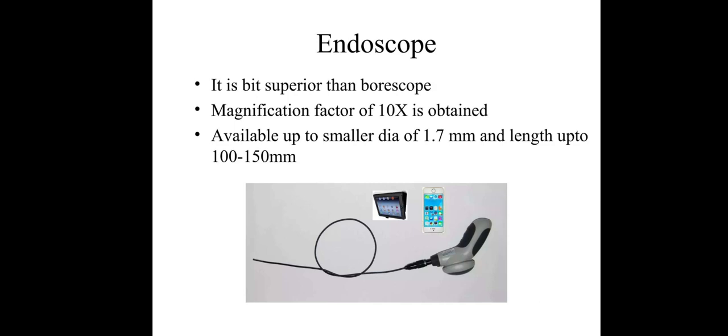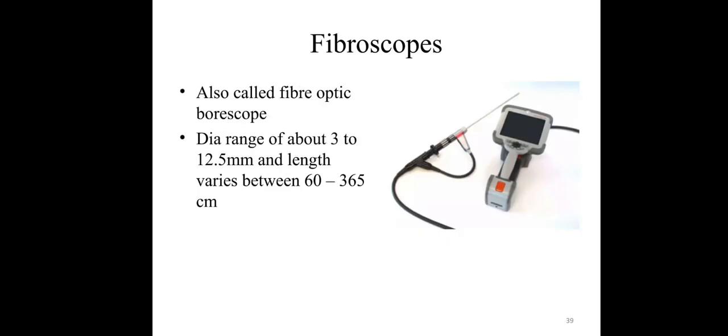Endoscope. It is a bit superior to the borescope. Magnification of 10 times is obtained. Available in diameters as small as 1.7 mm and length up to 100 to 150 mm. Fibroscope, also called fiber optic borescope.